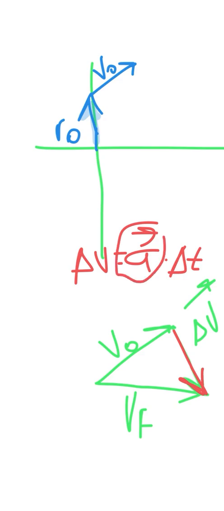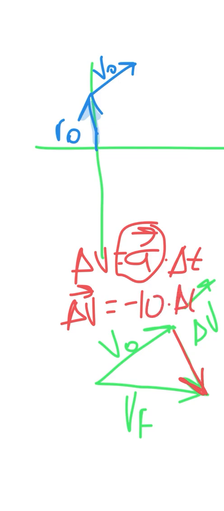Now we know what a is. We know what the acceleration is. So let's plug it in. Delta v is equal to -10 times delta t in the j direction. Negative j.